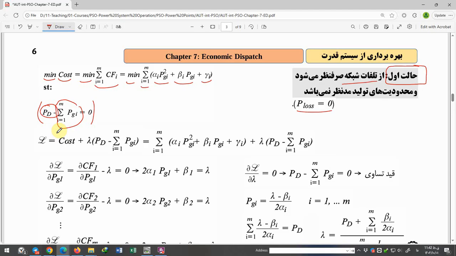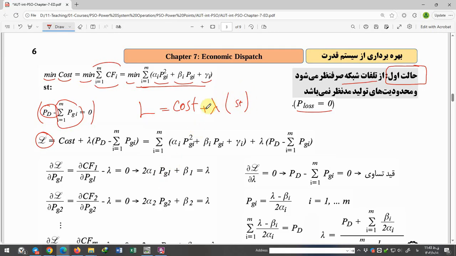The Lagrangian method says that if you want to optimize the cost, for example the sigma CFi, you have to write L, the first letter of Lagrangian, equal to the cost plus lambda times the constraint.